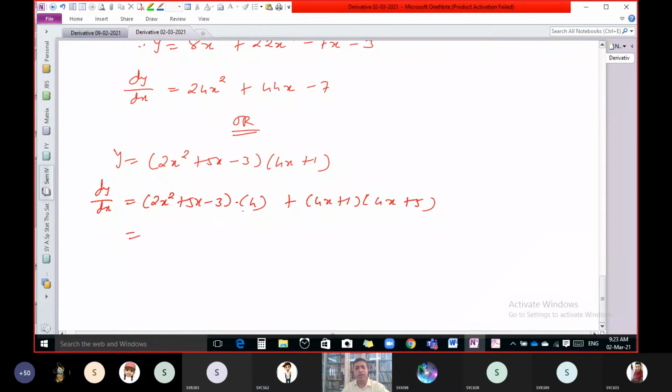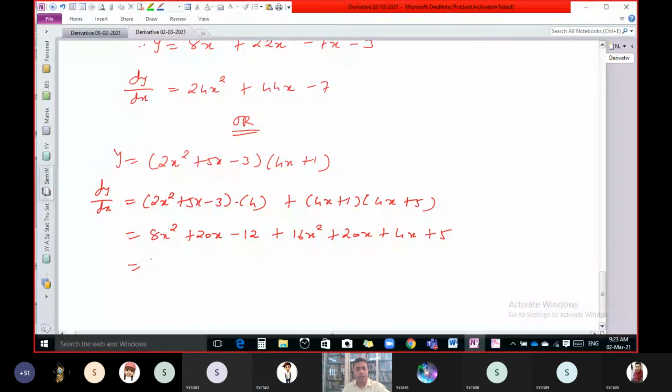Now simplify. Open the bracket. So we get here 8x square plus 20x minus 12 plus, open the bracket and tell me the first step. 16x square plus 20x plus 4x plus 5.